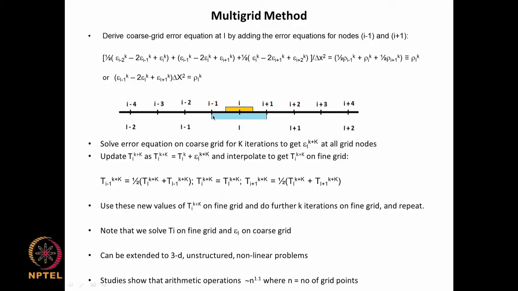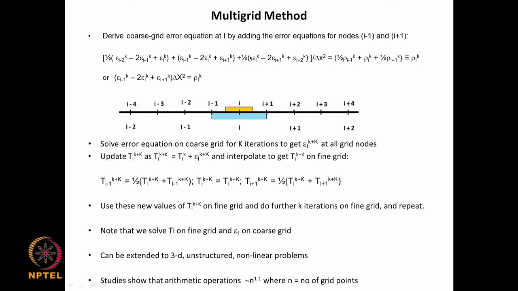So, this whole thing is equal to half of the error equation written at i minus 1, that is epsilon_{i-2}, 2 epsilon_{i-1}, plus epsilon_i, and the error equation at small i is epsilon_{i-1}, 2 epsilon_i, epsilon_{i+1}, and the error equation at small i plus 1 is epsilon_i, 2 epsilon_{i+1}, epsilon_{i+2}.